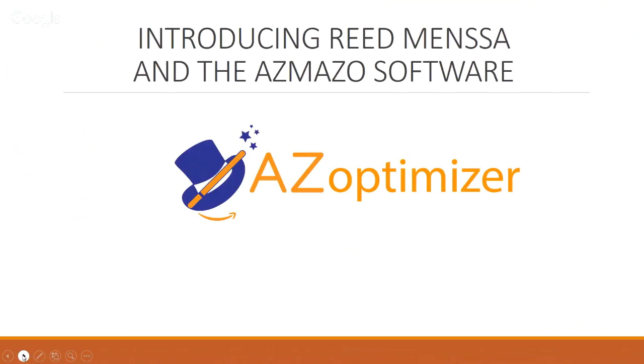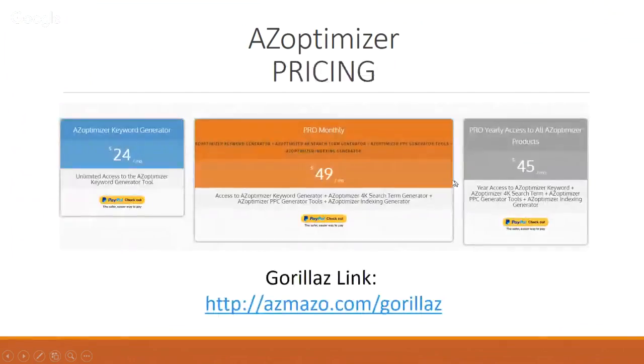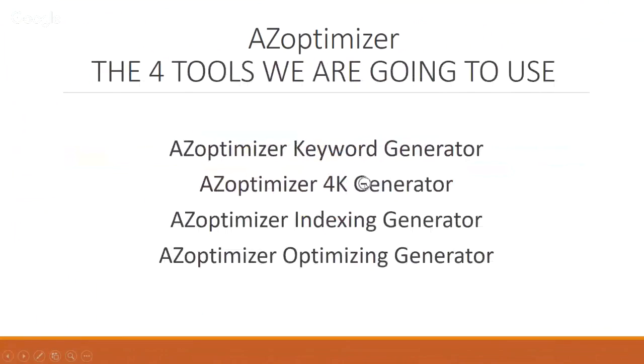These are the key elements from inside the software that we're going to be looking at: the keyword generator, the 4K generator, the optimizing generator, and then I'll talk about the indexing generator.